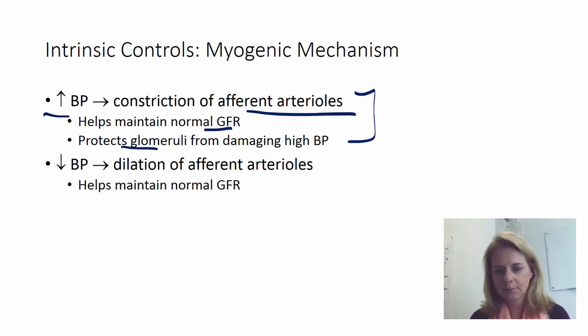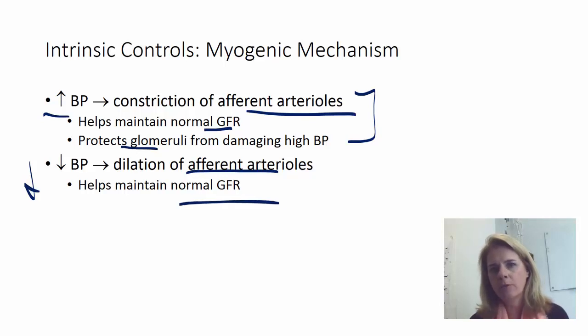Okay, sidebar. What happens if you have low blood pressure? If your blood pressure is falling, we want to dilate those afferent arterioles and increase the blood flow so that more blood is going into the glomerulus and able to maintain that filtration rate and keep GFR normal. So that's the myogenic control.